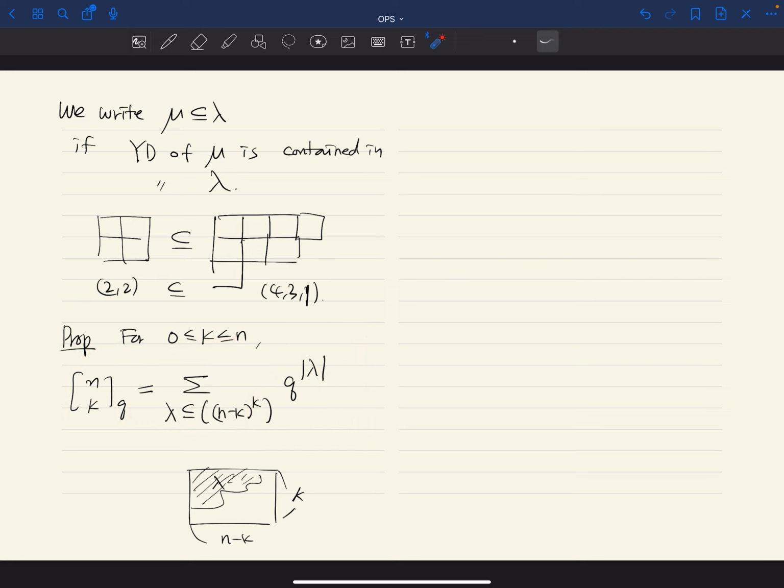The proof is basically a simple induction. We know that the q-binomial coefficient satisfies a simple recurrence. If we can show that this also satisfies the same recurrence, then we are done. Let's see, induction.